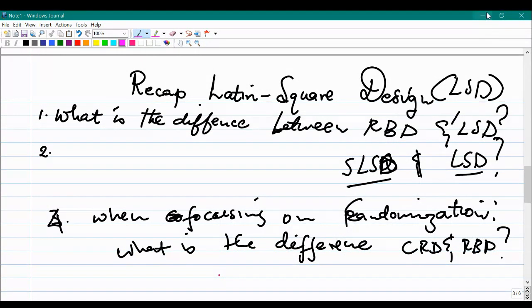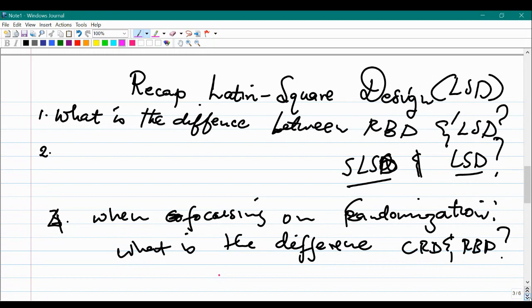Now the last one can be: give me an example of a standard Latin square design where you have 4 treatments. A layout of a standard Latin square design with four treatments. How will the design look?